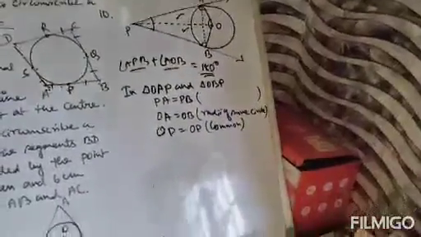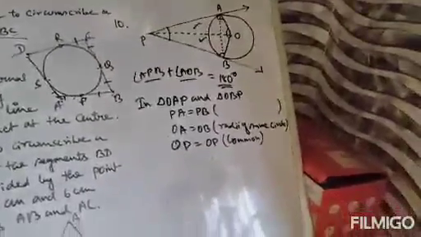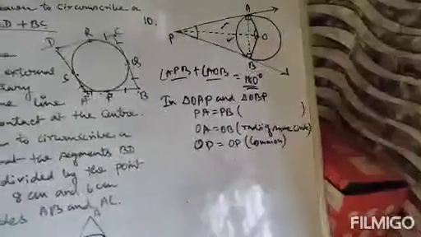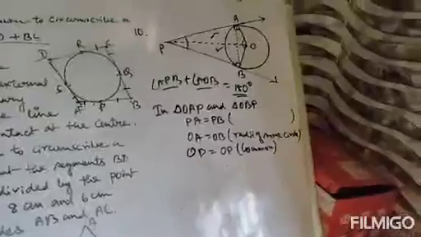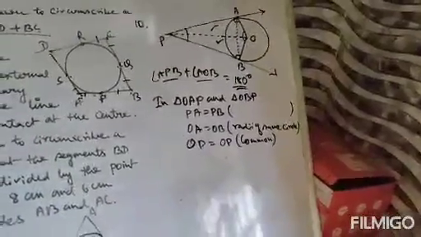That means these two triangles are congruent because three sides are the same. If you studied the congruency chapter in triangles, there are rules of congruency: SSS rule, SAS rule, ASA rule.